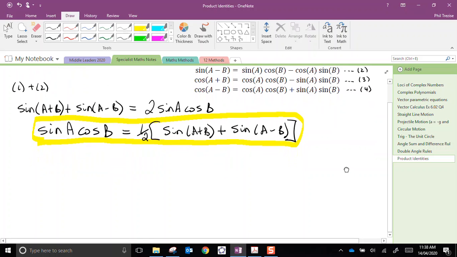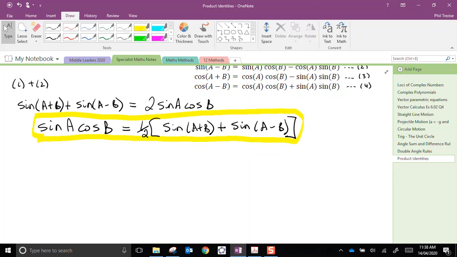Now let's try doing the same thing with equation 3 and 4. What if we added equation 3 and 4? I notice that the second term here, sine A sine B, are equal and opposite.